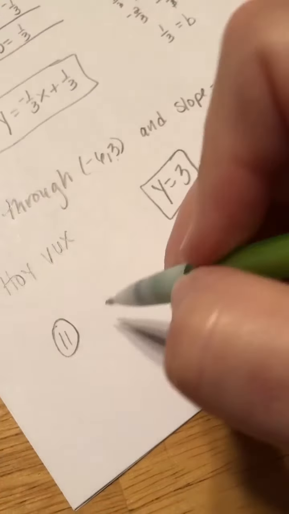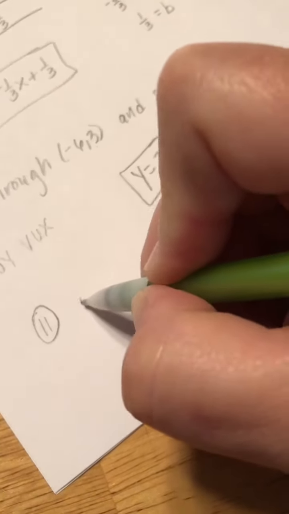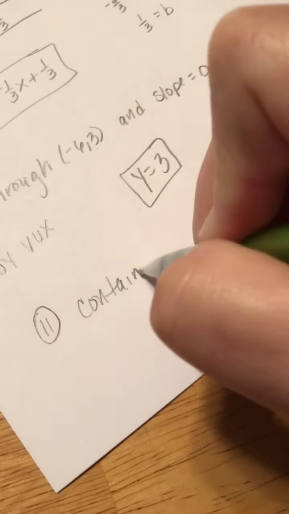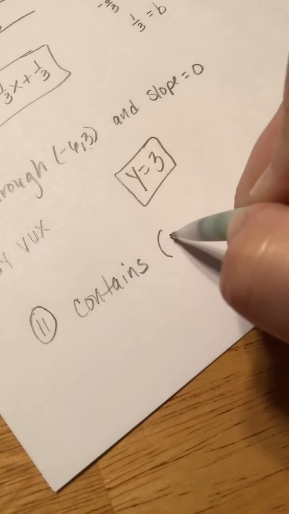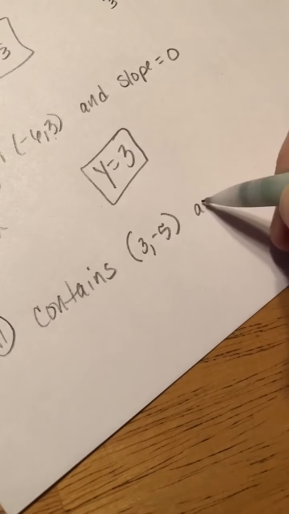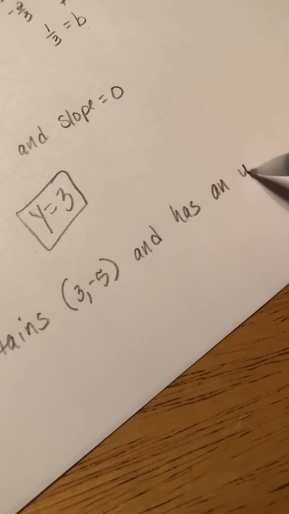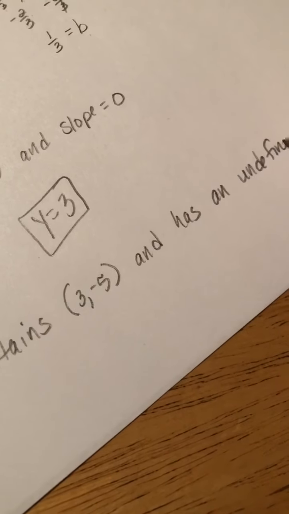All right, last one. What if it contains 3, -5, and has an undefined slope?